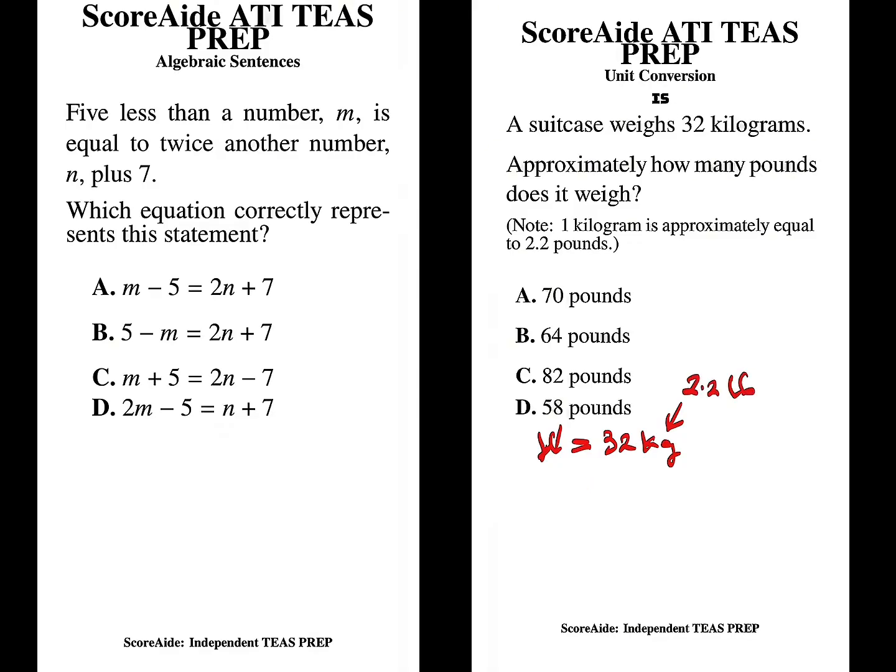So therefore, this is going to be 32 times 2.2 pounds, and this is going to give us 70 point something, right? 70.4 pounds. If you convert this to two significant figures, it's just going to be 70 pounds. And the answer is A. It's approximately A.